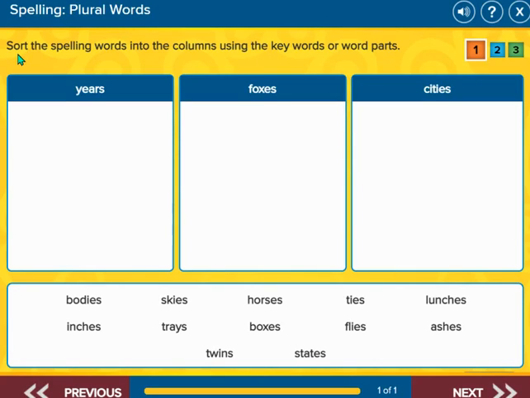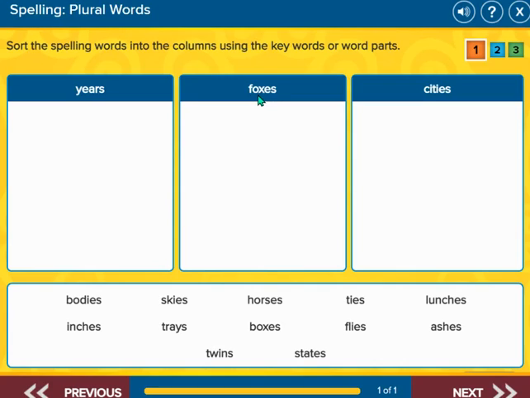For this game, you have to sort the spelling words into the columns using the keywords or word parts. We are given three columns. The first column is labeled with the word years, so any words that have the regular plural S ending would go into this group.